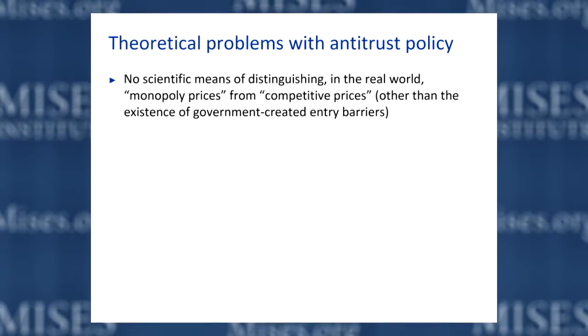Now, there are a number of theoretical problems as well, and we've already discussed them, right? According to Rothbard, there is no scientific means of determining or distinguishing in the real world monopoly prices from competitive prices other than the existence of government-created entry barriers. And therefore, there's no monopoly problem to solve with antitrust law, right? There's no purpose to antitrust law.